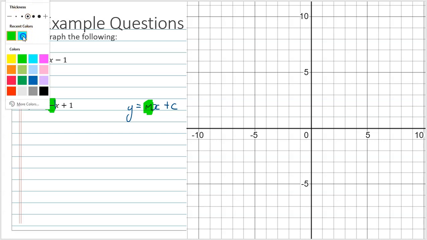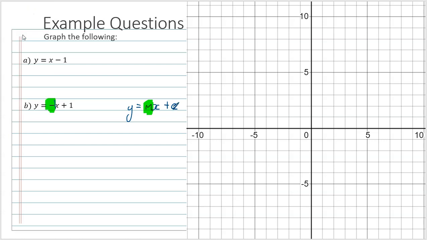Now the question is, what is the c? C is here, so c is +1. So we can write m equals -1, or it can be written as -1/1, and c equals +1.